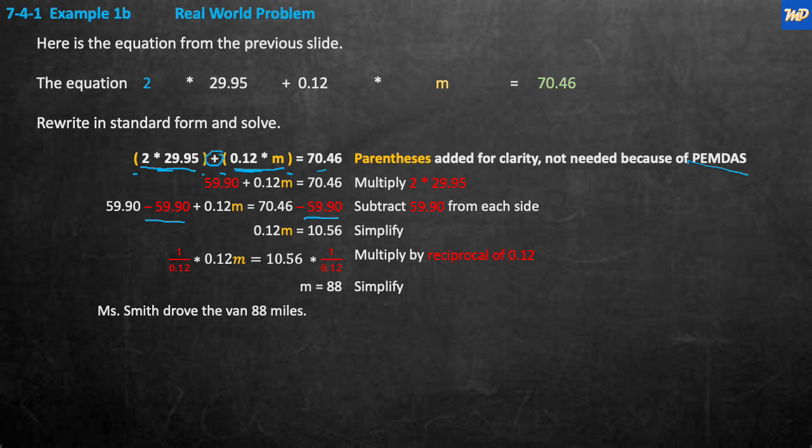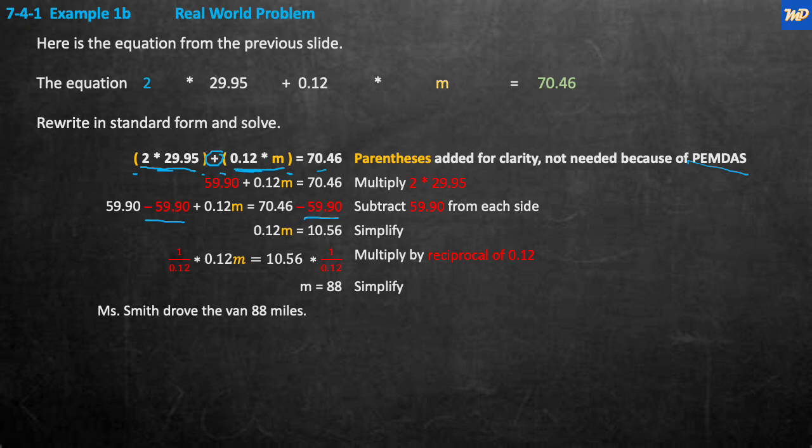All that's left now is to find out how many miles. To do that, we're going to clear the variable's coefficient so we get the m variable all by itself. So then we'll know what 1 mile is equal to. We're going to multiply by the multiplicative inverse of 0.12, or we can say the reciprocal.